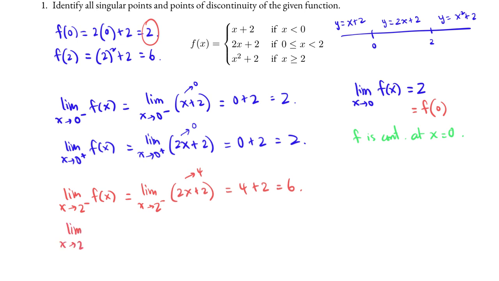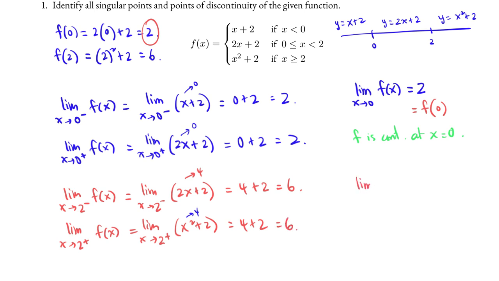On the right-hand side of 2, as x goes to 2 on the right-hand side, the limit of f of x: the formula that we will need to use is x squared plus 2. And as x goes to 2, x squared goes to 4. And so we would have 4 plus 2, or 6.